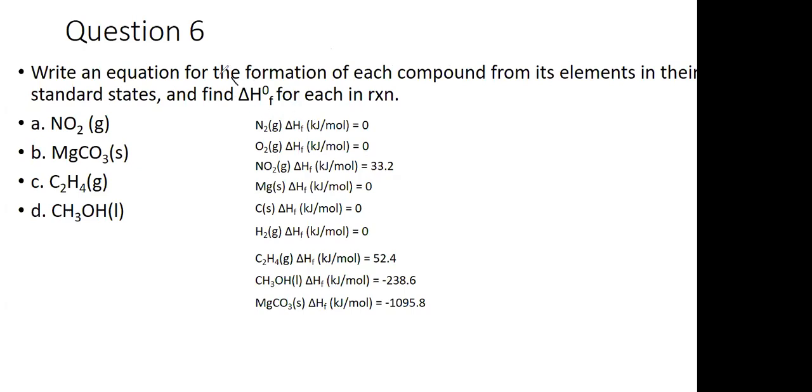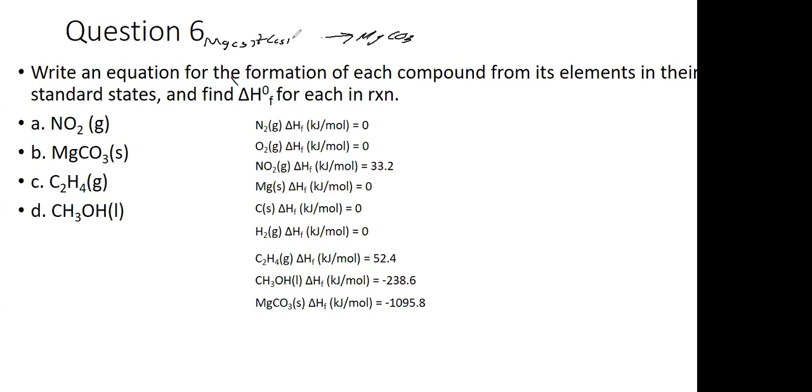Let's try and do B here. So we have MgCO3. So that's what I'm making. It's made out of Mg, so Mg solid. It's made out of carbon, so carbon solid.